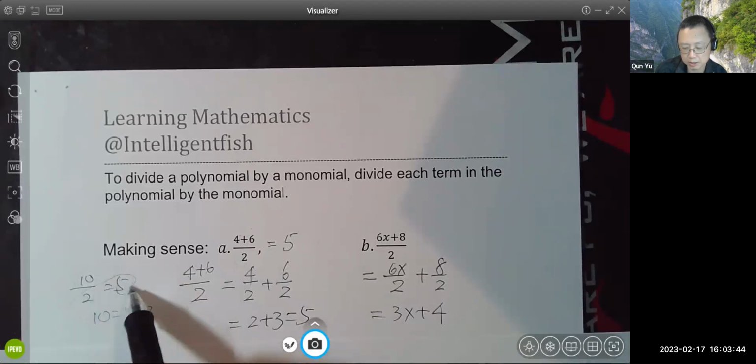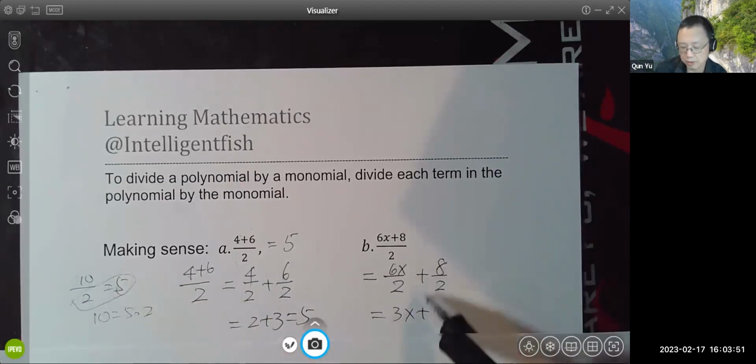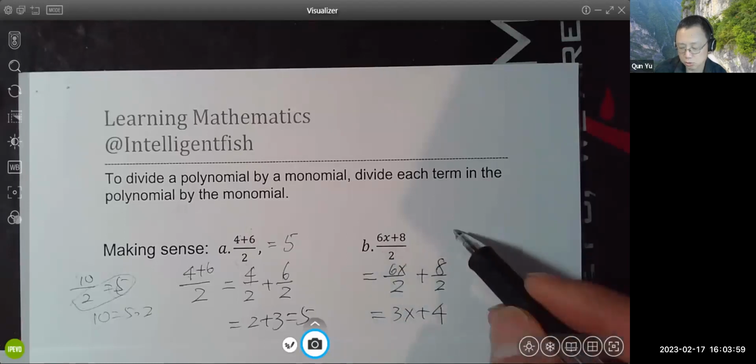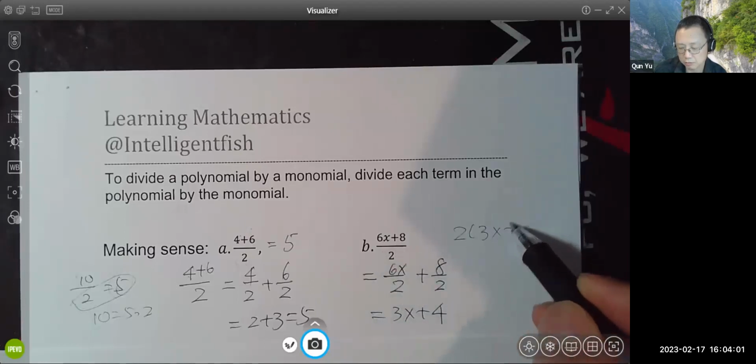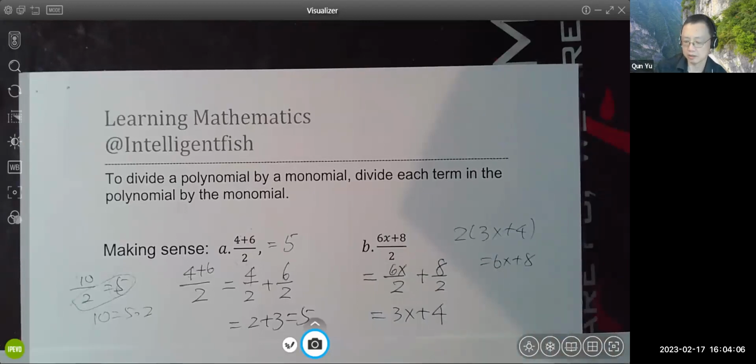These two multiplied together, quotient and divisor, should be equal to the original number on the top. In other words, if you want to check if this answer is right or not, use this quotient times the divisor, which is 2, right? Imagine 2 times 3x plus 4, guess what? You get 6x plus 8. So we know this is a correct answer.